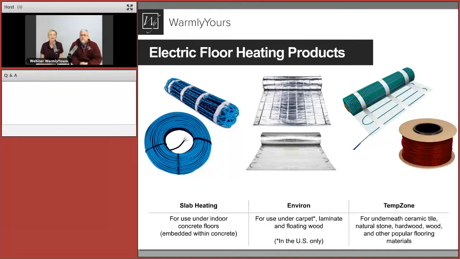You just want to make sure that the heating element is de-energized. There's a few ways you can do that. You can shut down the thermostat. You can click off the breaker in the box. Let the carpet dry as you normally would, and in a few days, re-energize, and you're back in business. So that can also be used with floating wood, with laminates, that sort of thing.